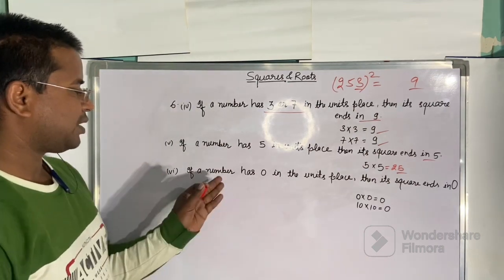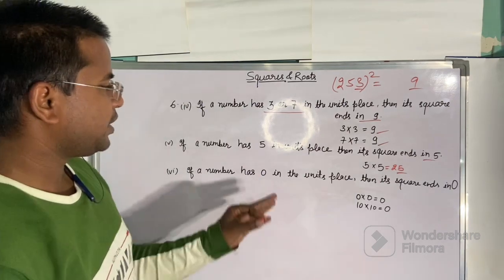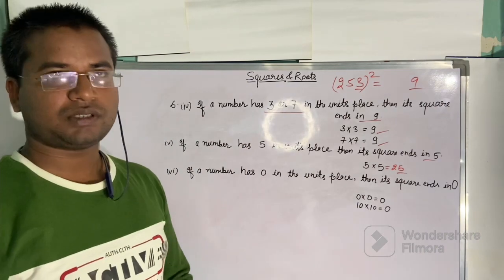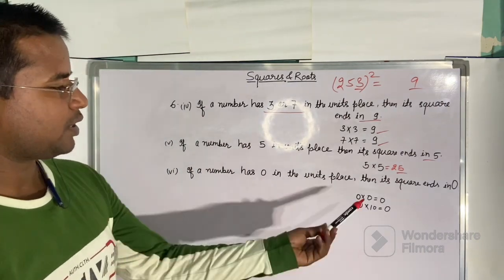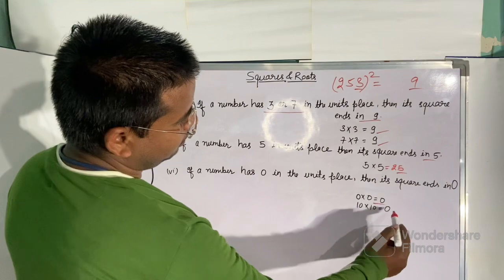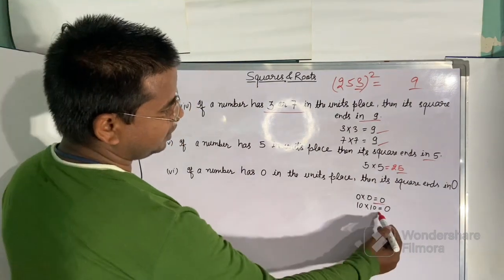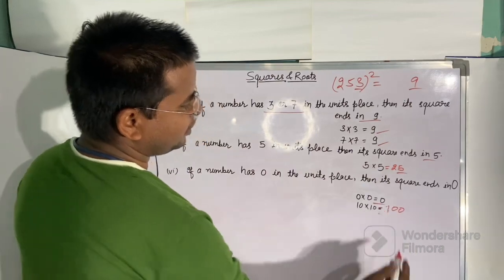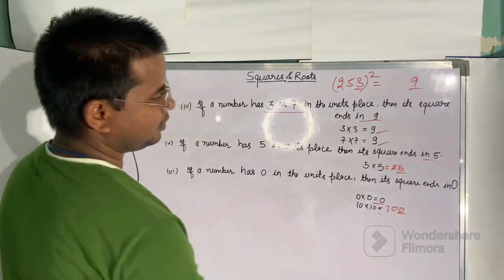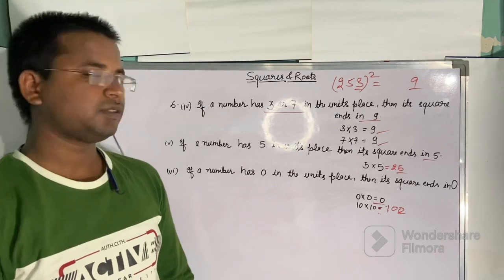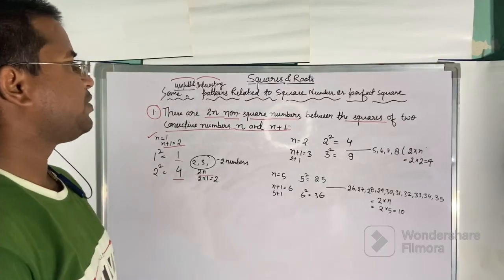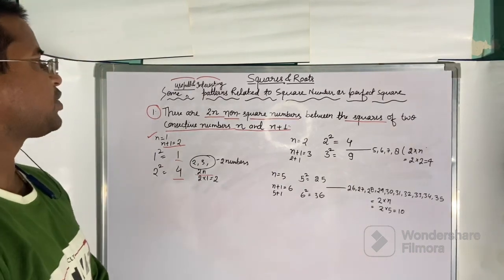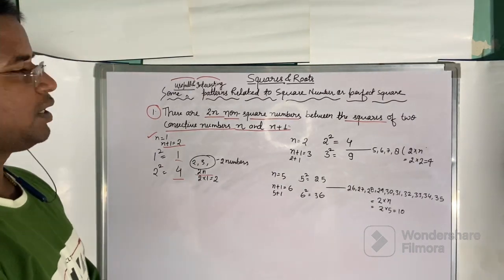Now if a number has 0 in its units place, then its square also ends in 0. For example, when 10 is multiplied by 10, it is 100, so the unit digit is 0. Okay, that's all.